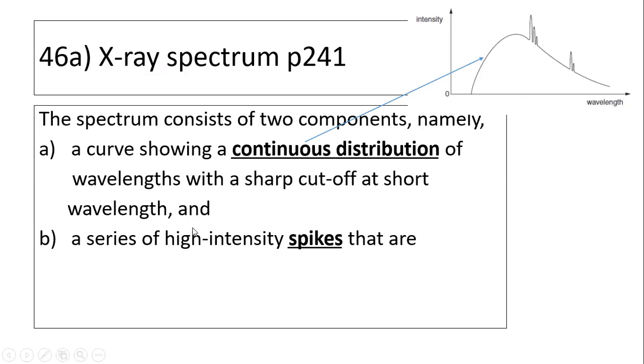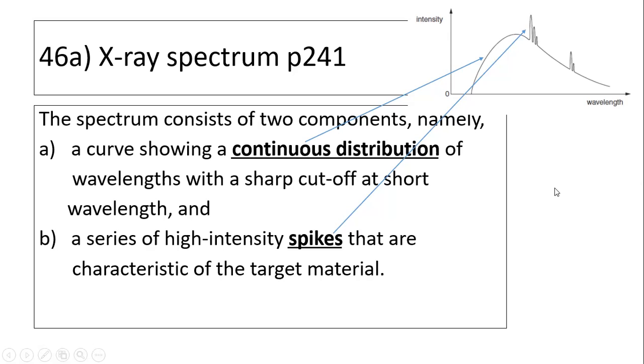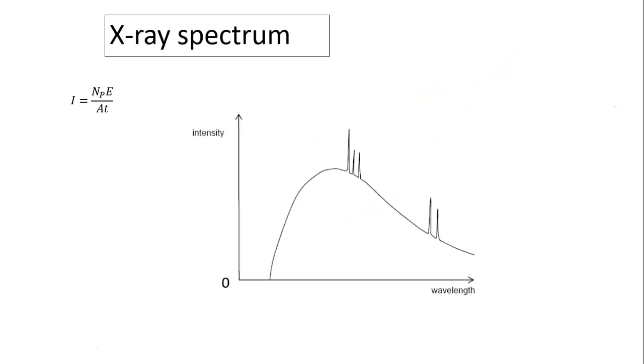The other is a series of high intensity spikes. These are the spikes, characteristic of the target material. That means it depends on the target material you use. If you use tungsten, then it will show you the emission spectrum of tungsten.